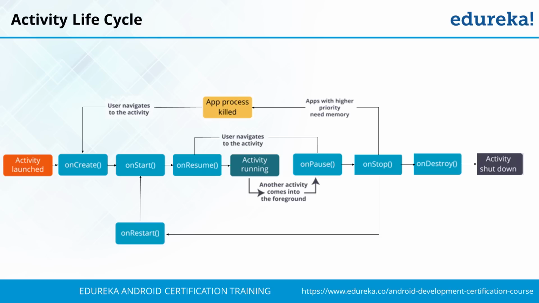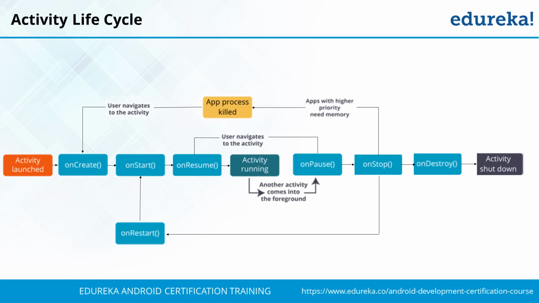So guys, apps with higher priority need more memory. So if there are applications which have higher priority to be executed, they need more memory. So what happens? App processes can be killed, right? Activities in the stop state might be killed by the system. You can again come back and get your activity recreated by the system itself if the system destroys it.